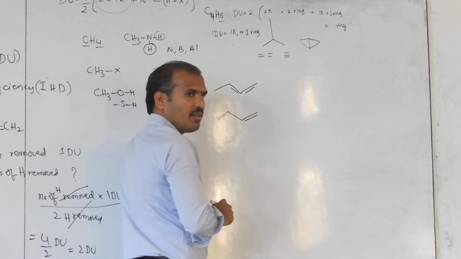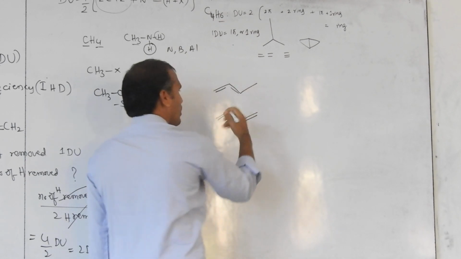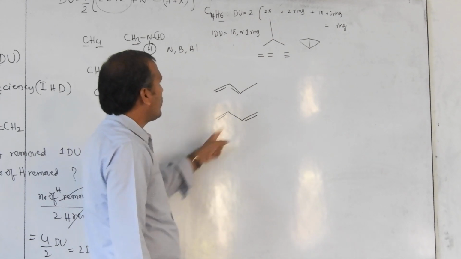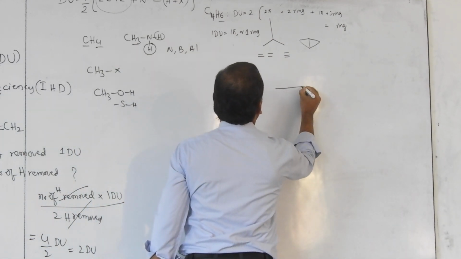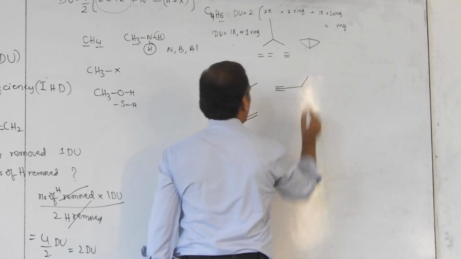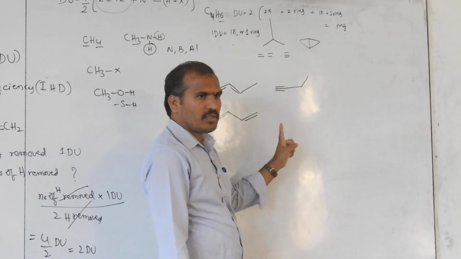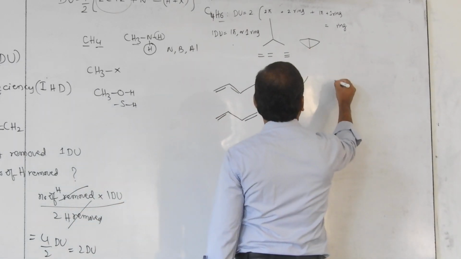No, the first one and this one are the same. That's why don't write a similar one, write the one which is different. This one. With respect to this, here 1, 2, 3, 4. Clear this?